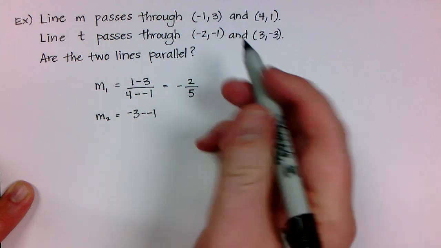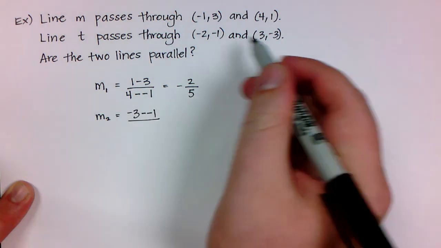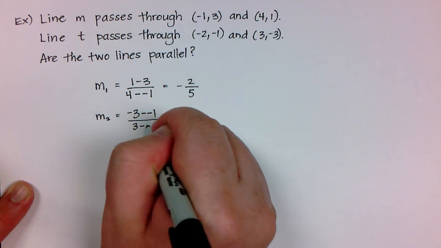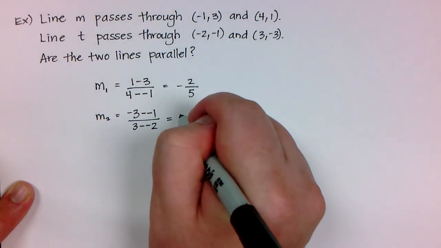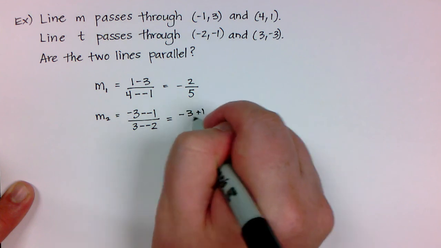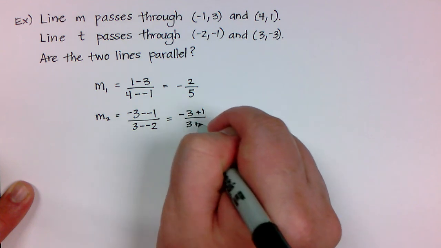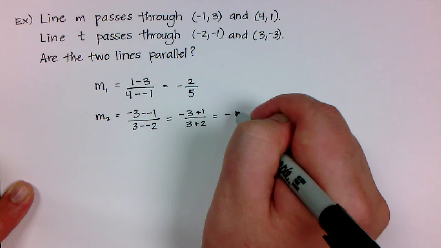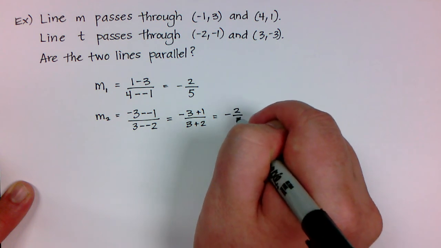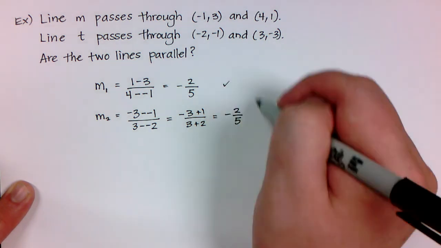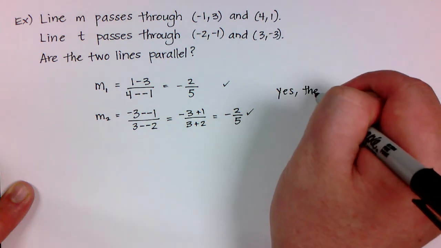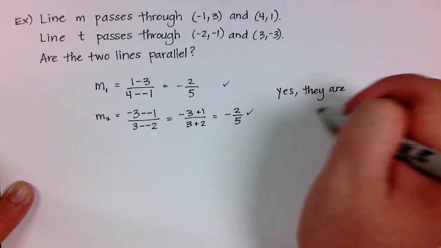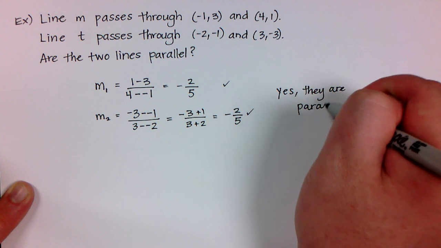Be very careful with that. All over 3 minus negative 2. This is the same as, I'm just going to clean it up, negative 3 plus 1 over 3 plus 2 on the bottom. And this also equals negative 2 over 5. So since they have the same slope, I can say, yes, they are parallel. And I'm done.